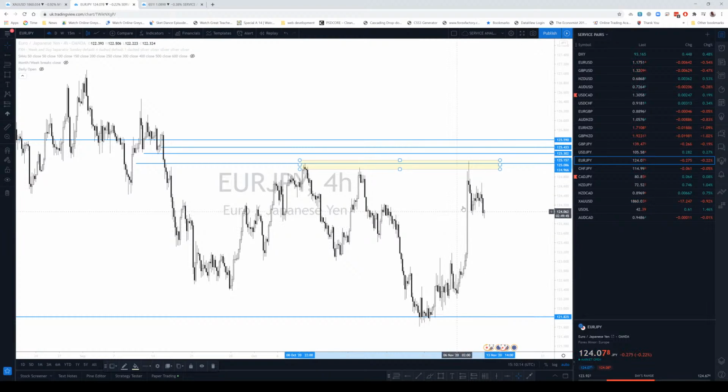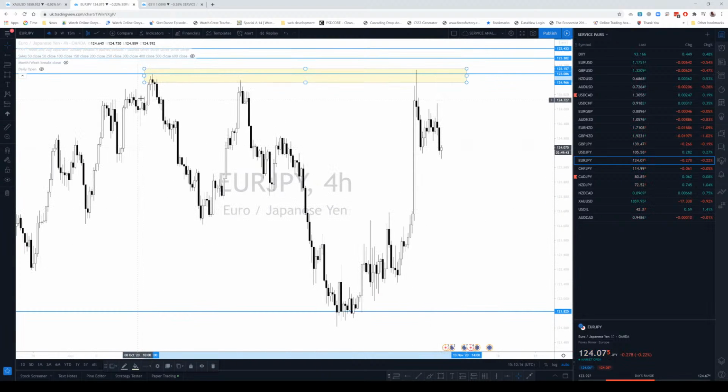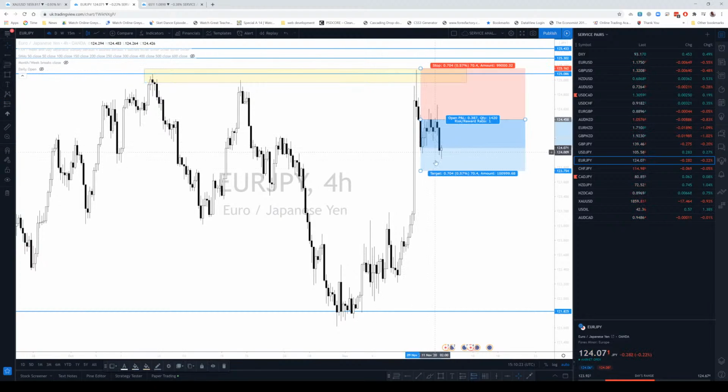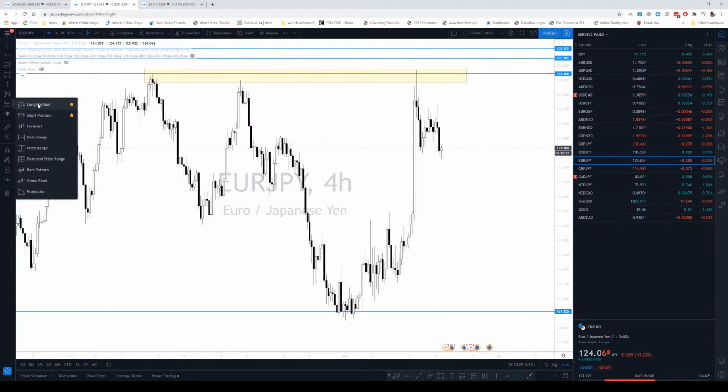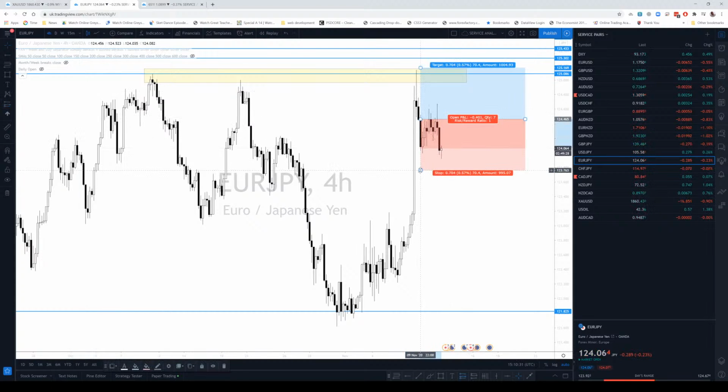So let's see if we managed to. This morning I wanted to see a continuation to the upside with a protection here, and you can see price just dived back down. So it's still searching for liquidity, basically trying to pull people in to buy and then stop them out.